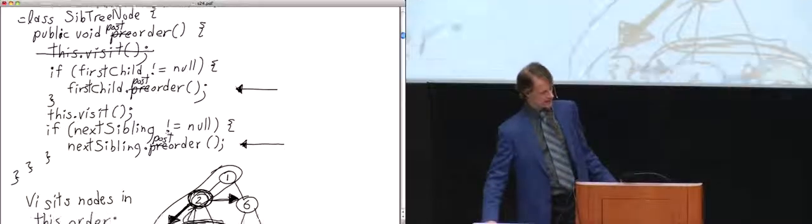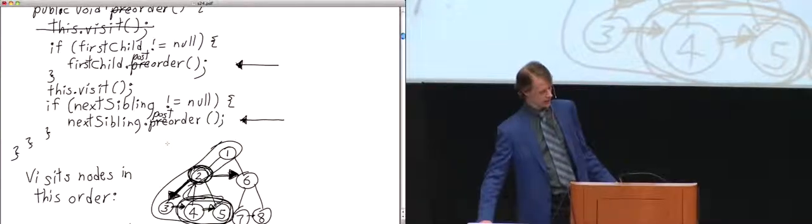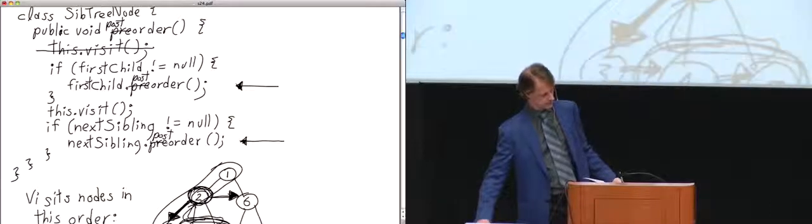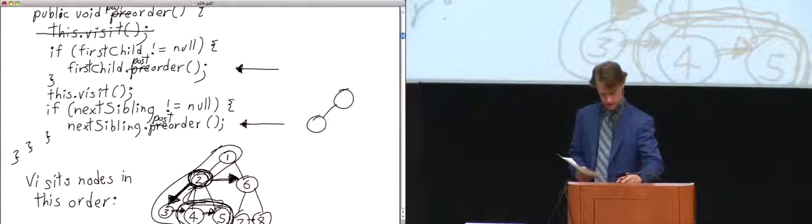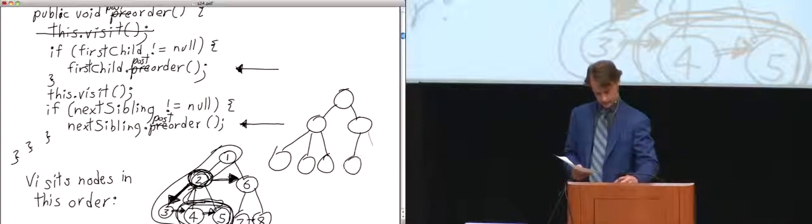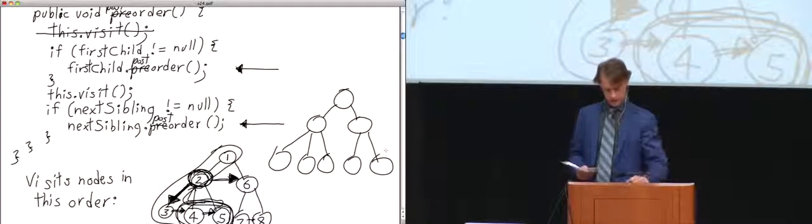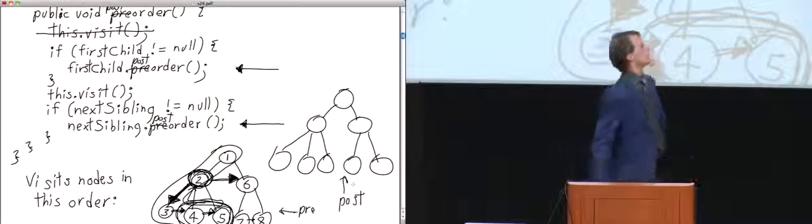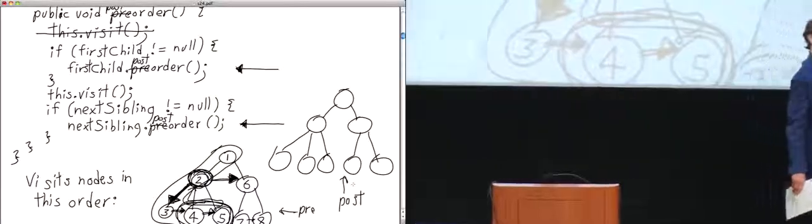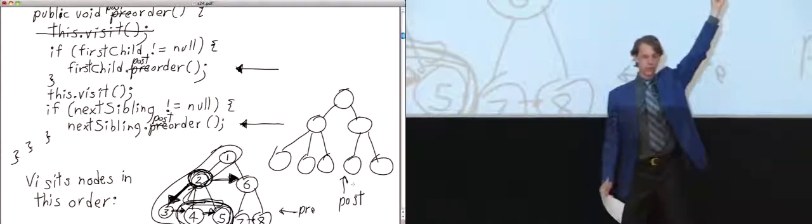So let's come back to that tree that I showed you down here. Let's do that tree again. All right, so remember this was pre-order. Now we're going to do post-order. So with post-order, just like with pre-order, we generally start at the root.